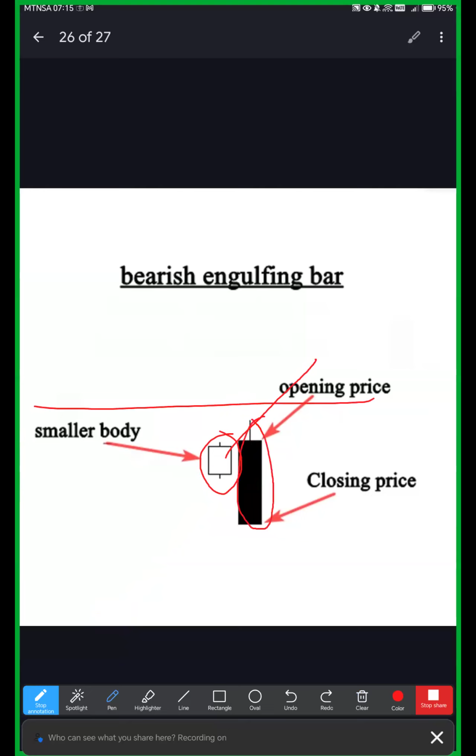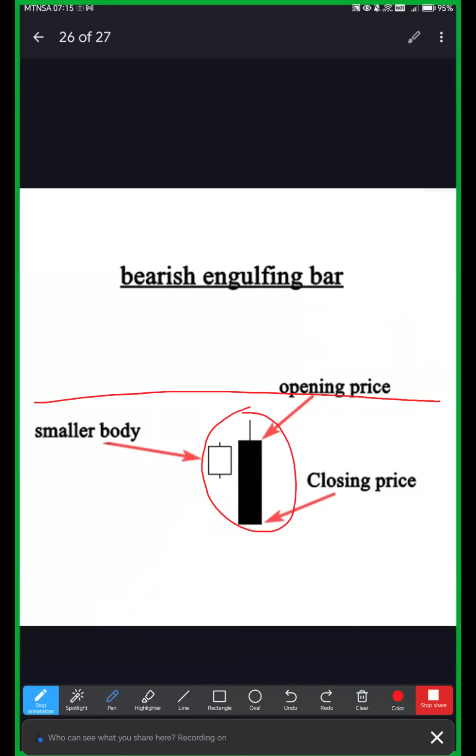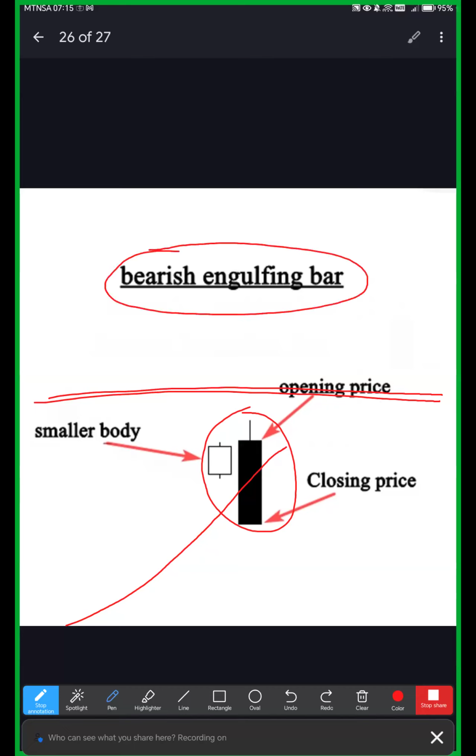You might find this type of formation at the edge of a resistance level. When price has been going up, check at the top here. What type of candles are forming there? You might find a bearish engulfing bar. That means it is signifying a market reversal signal to the downside.